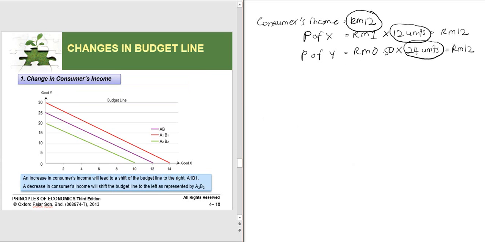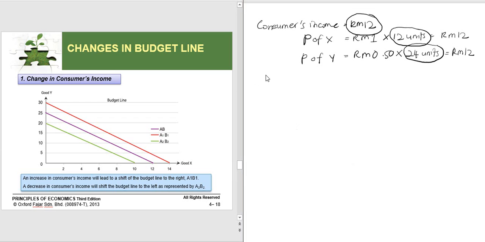Okay, now let's say there is a change in the consumer's income. Before this, the consumer's income was 12 ringgit, and now it has increased, for example, from RM12 to RM14.